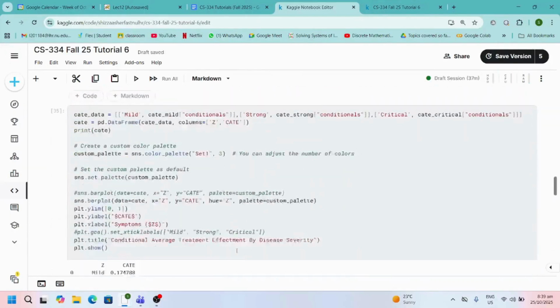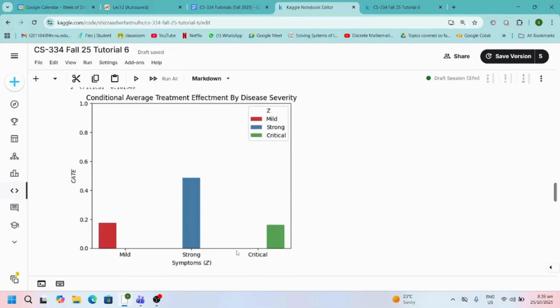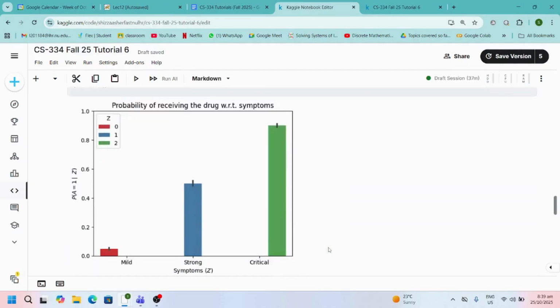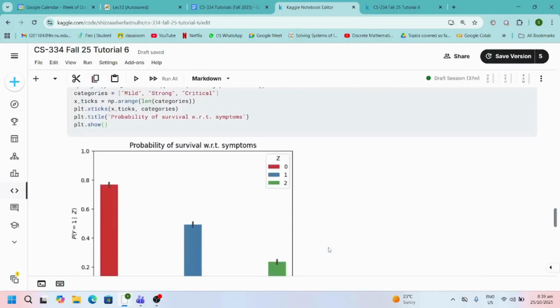I just want to quickly show you these previous graphs so that you do not mix these up. पहले हमने conditional average treatment effect find किया था by the disease severity. So essentially जो हम difference in means find कर रहे थे, we found exactly that, but we found it for each individual symptom group. After that, we made a plot which showed us the probability of receiving the drug with regards to symptoms for each individual symptom class.